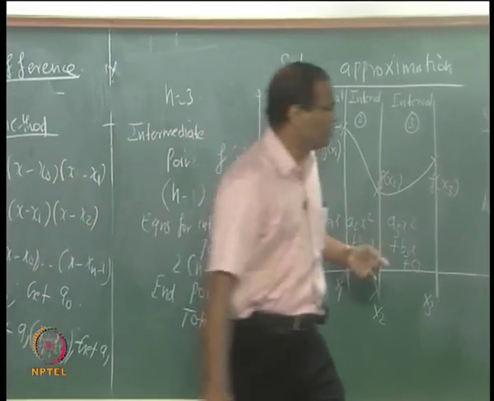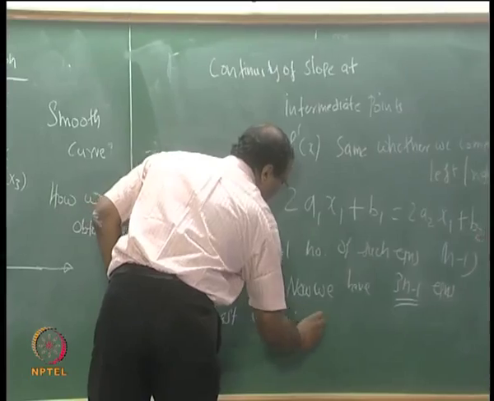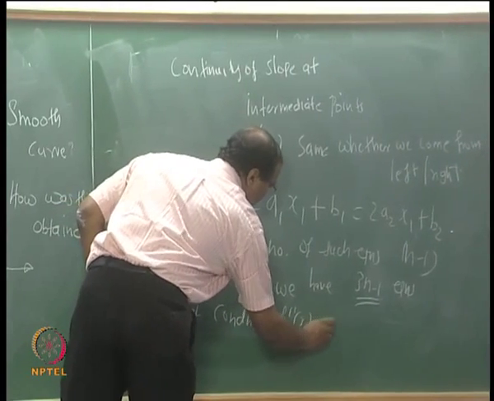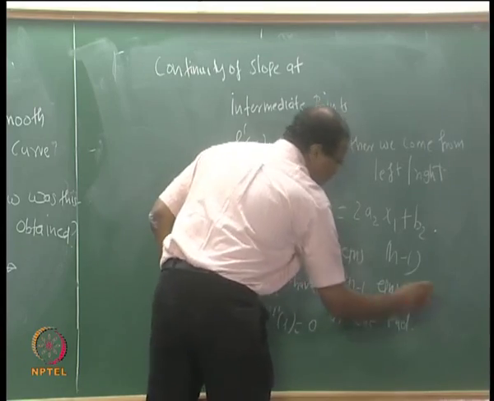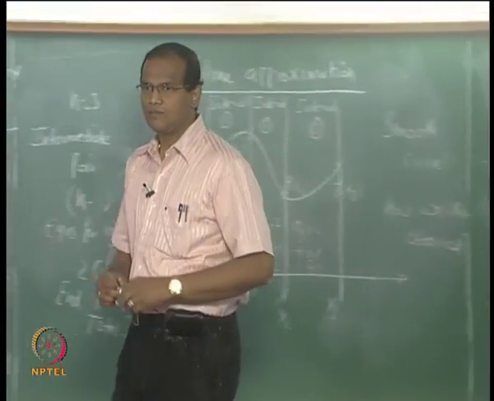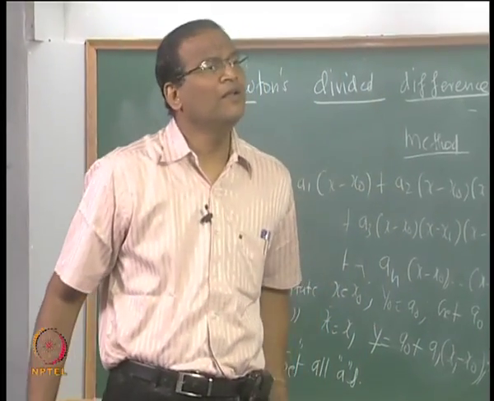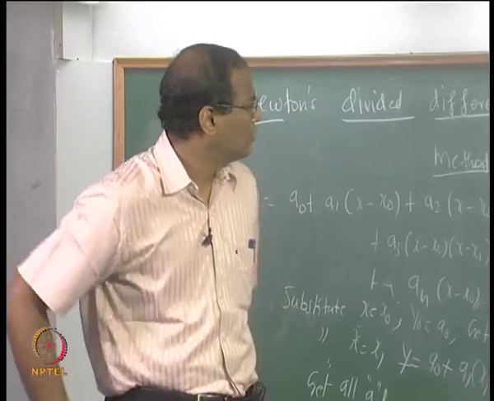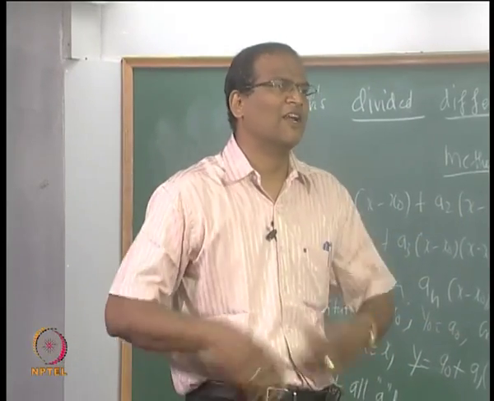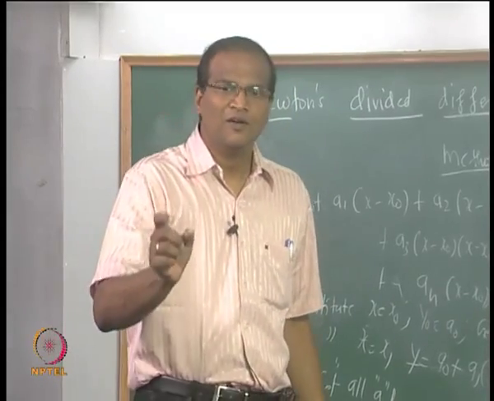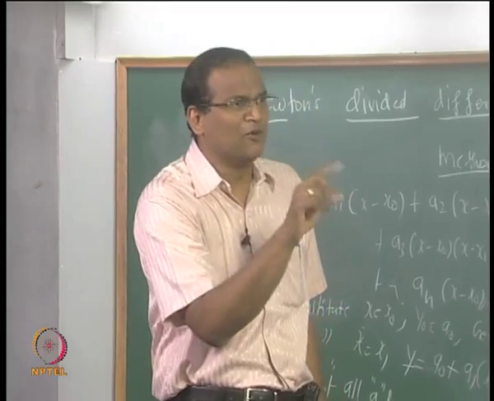Is that okay? So, last condition. Normally we use this cubic spline when there are hundreds of points. When you fit a cubic spline for 100 points, your eyes will not notice that you did some adjustment somewhere.